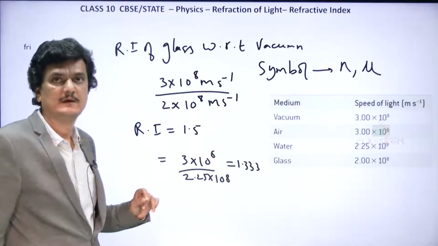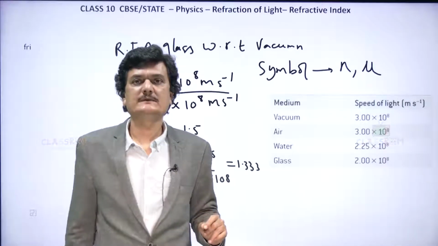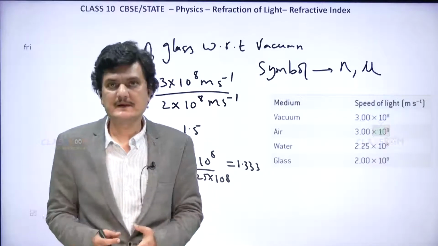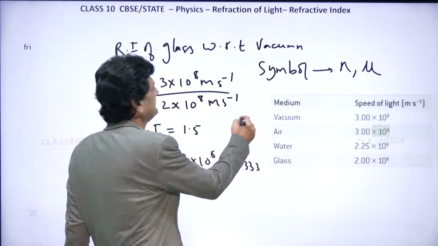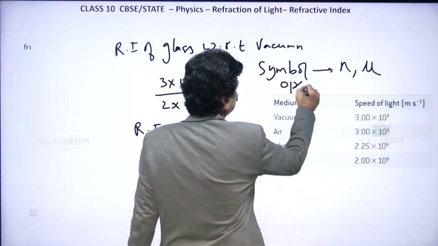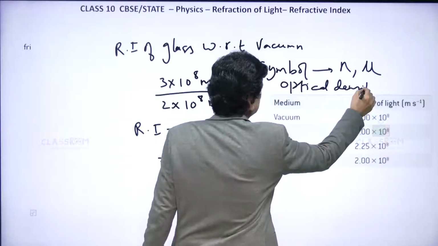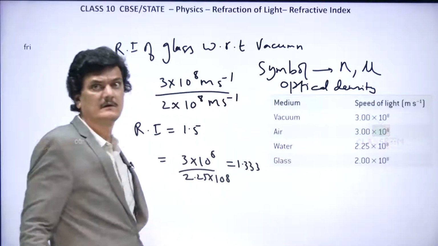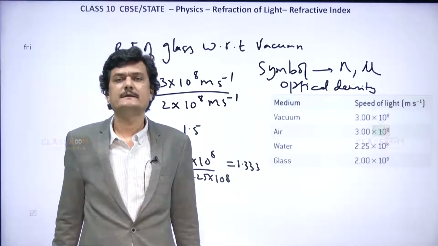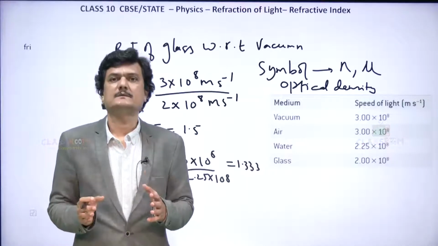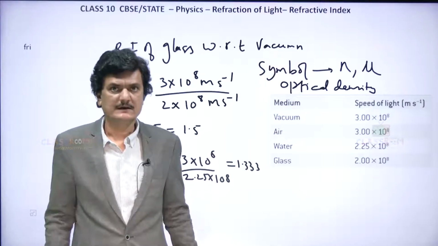Again, recapping: refractive index is a measure of the optical density of the transparent medium. It measures optical density, and it tells us by how much the velocity of light has decreased in the given medium, and its symbol is this.